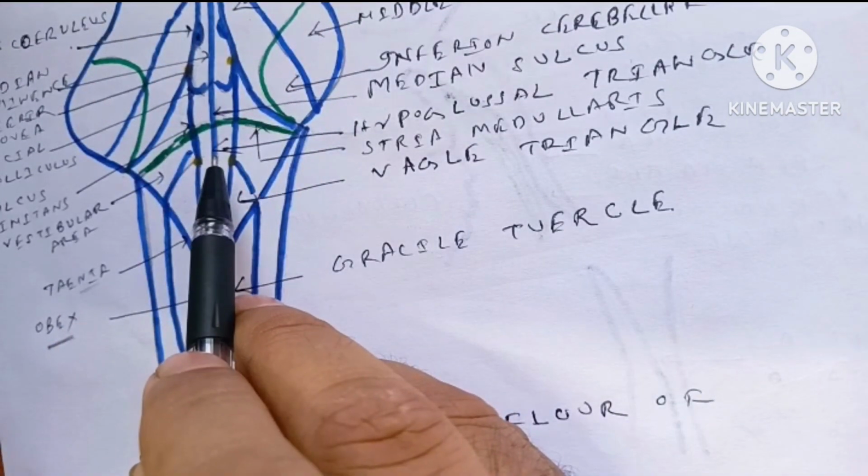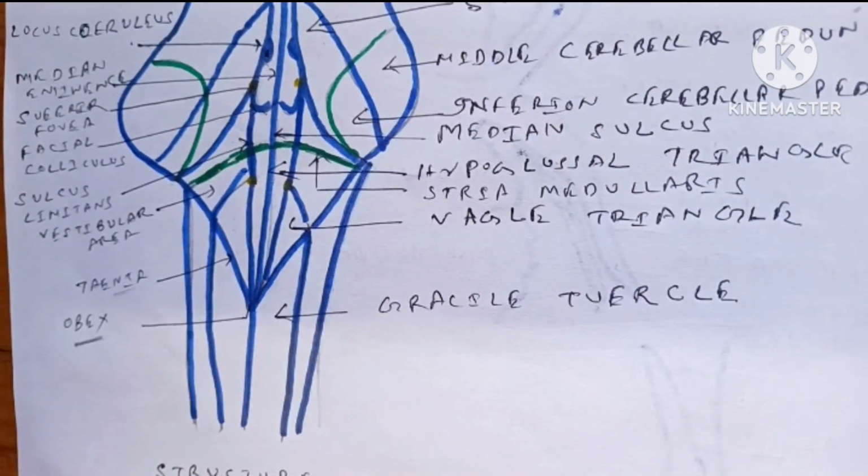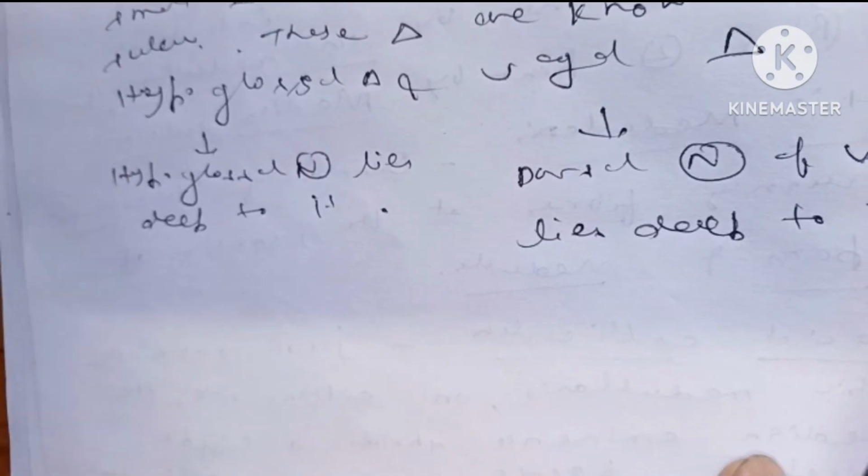The hypoglossal is medially located, and the vagal triangle is laterally located.